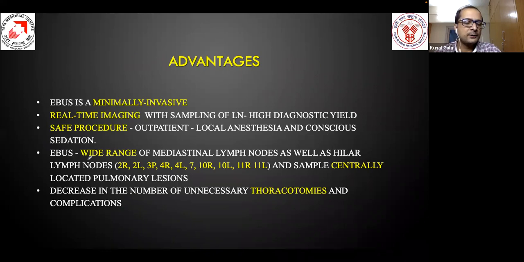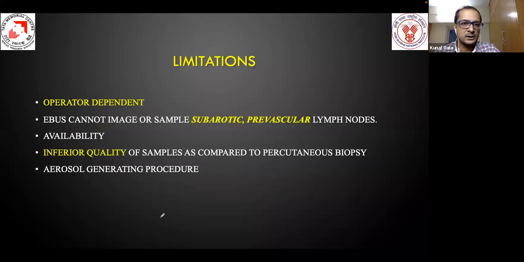So what are the lymph nodes which we can target with the help of EBUS? There is a wide range of lymph nodes which we can target, from 2R, 3R, 4, 7, 10, and 11 lymph nodes. With the advent of EBUS, unnecessary thoracotomies and their complications have decreased. Coming to the limitations of EBUS, it is operator dependent because one uses ultrasound as a modality.